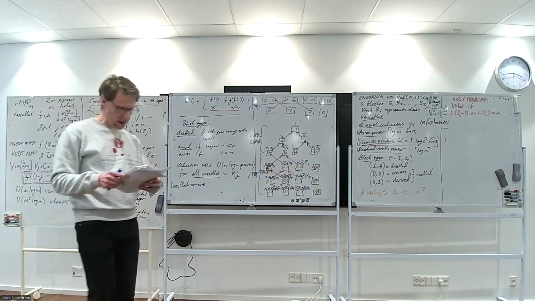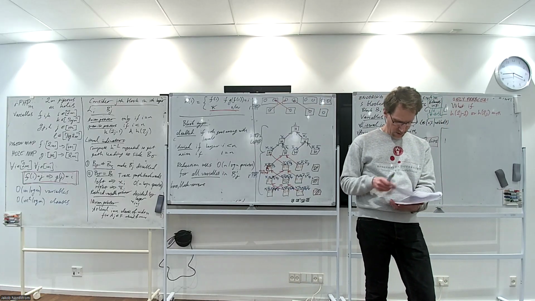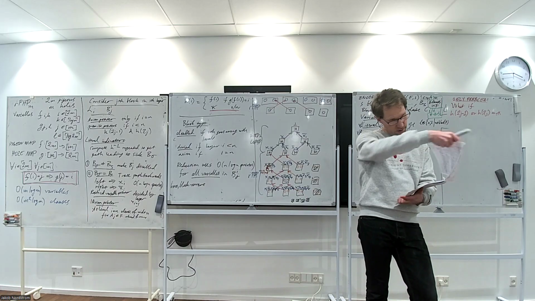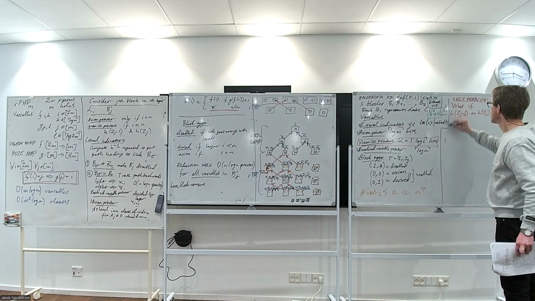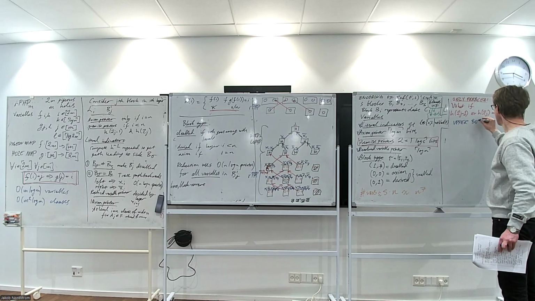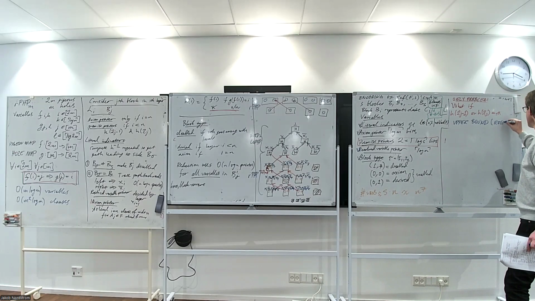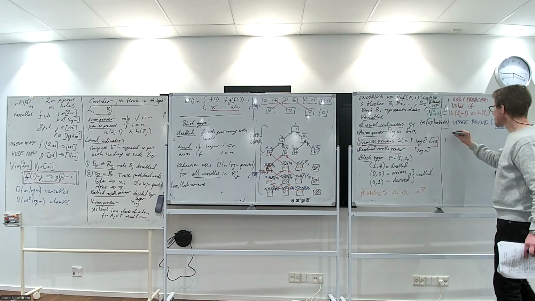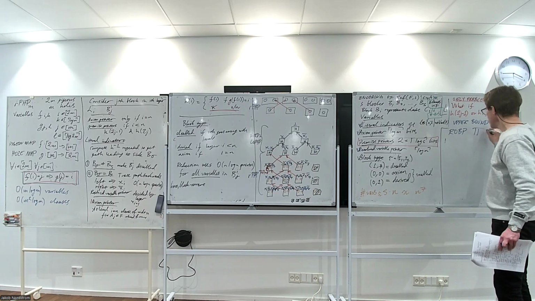I think it's time to wrap up, maybe. Let me just say something about the upper bound, which we can do for regular resolution. Which means we can do it for a read-once branching program, capital Pi.